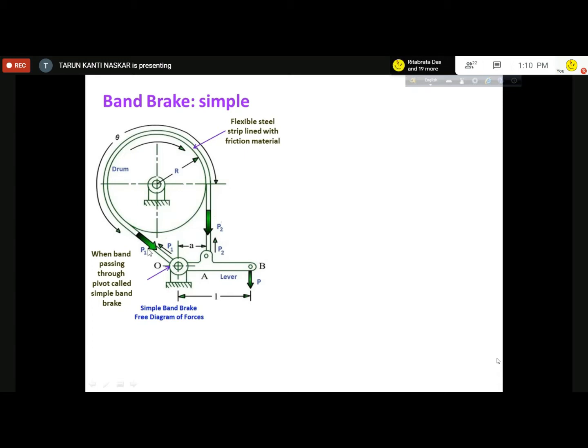Now this is P1, this is P2, and if this is the direction of rotation, to use this as a brake, P1 must be higher than P2.